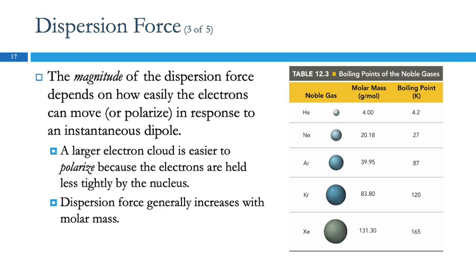Because the stronger the dispersion force, the higher the boiling point. So here we see that the smallest atom, helium, has the lowest boiling point, and the largest atom has the highest boiling point. And that's because those electron clouds are easier to polarize.